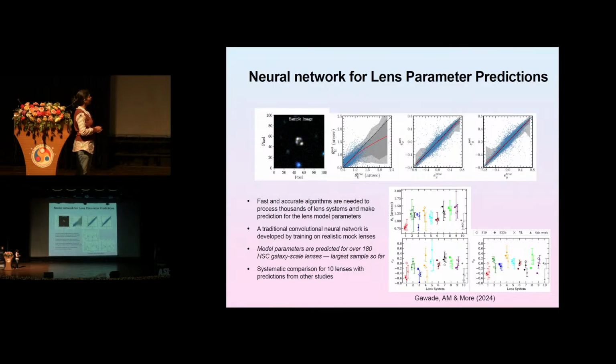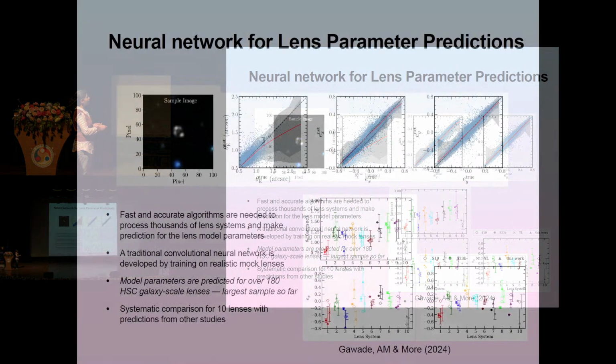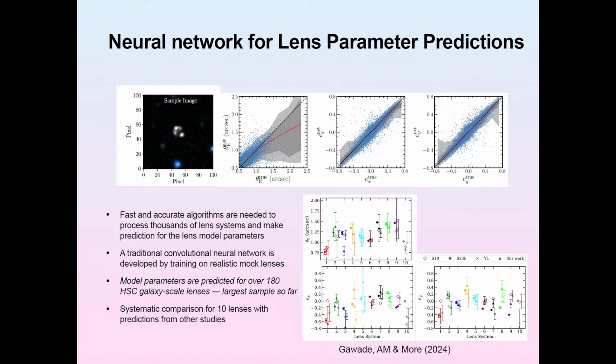With this project, we developed a neural network which could predict some of the parameters. For example, here we are looking at the true Einstein radius versus the predicted Einstein radius, and these two parameters reflect the ellipticity of the lens mass distribution. As you can see, this network is doing a fairly good job.